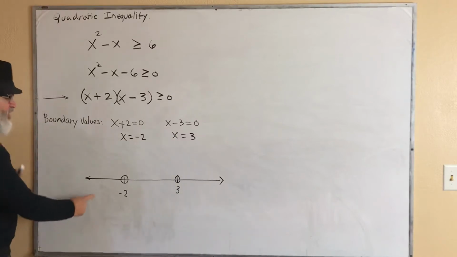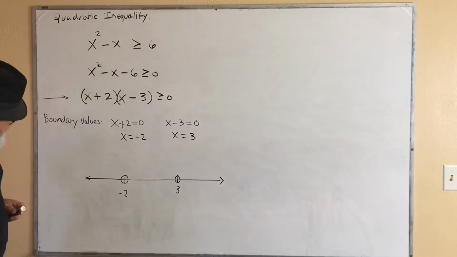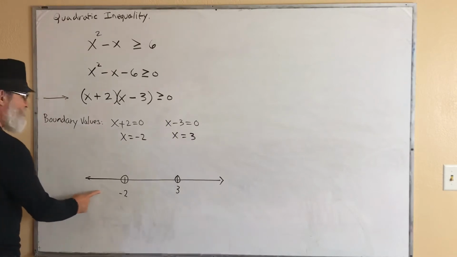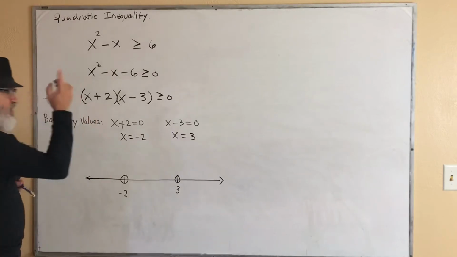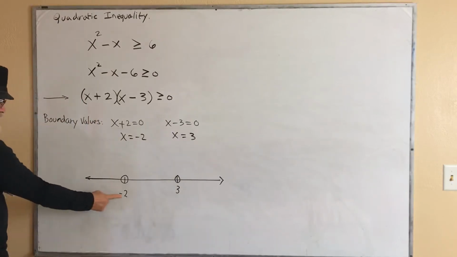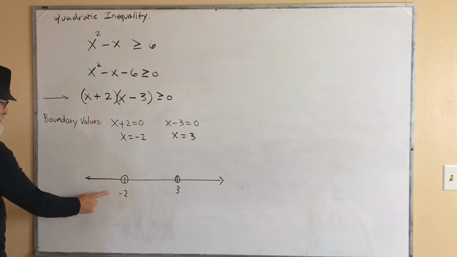So let's pick a value from this region. Any value, it doesn't matter. Pick negative 3. Negative 3 is to the left of negative 2, so negative 3 is in this region.